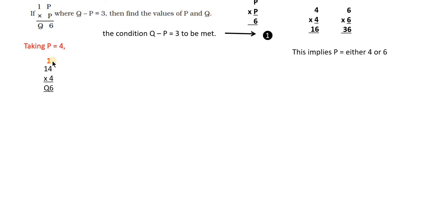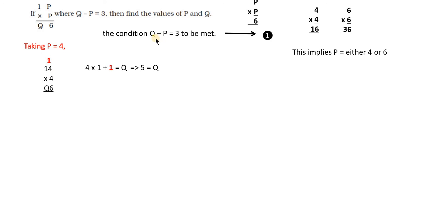Next, 1 into 4 is 4, plus 1 is 5. So q equals 5 when we take p equal to 4.